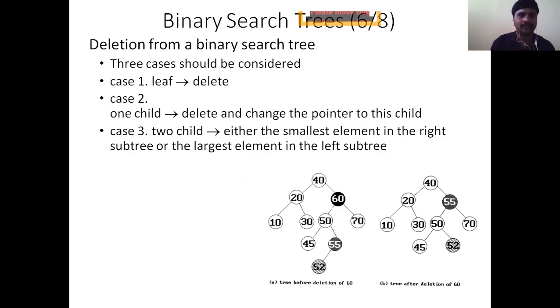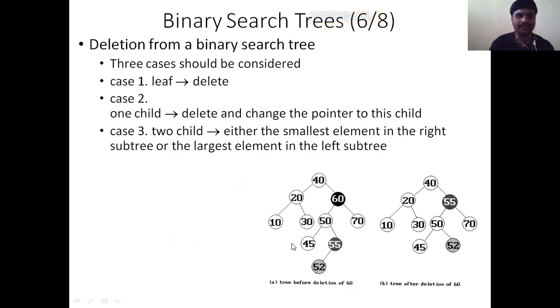Now deletion from a binary search tree. We have three cases to consider. The first one is case one, leaf delete. Here is the tree with 60 and 52 before the deletion of 60.